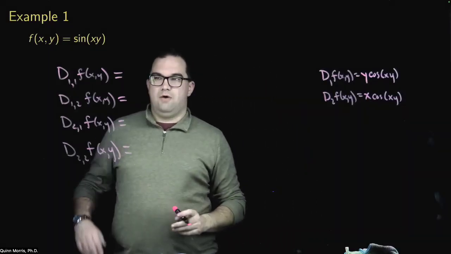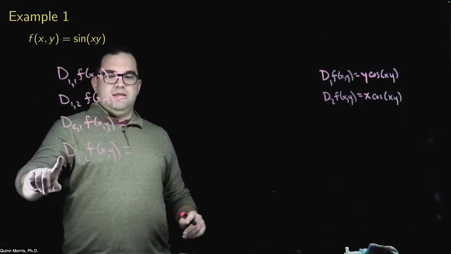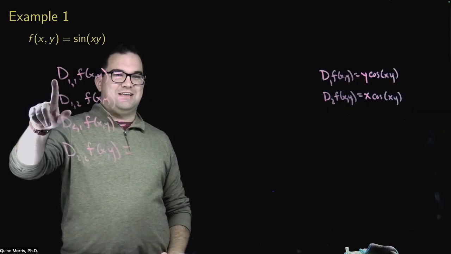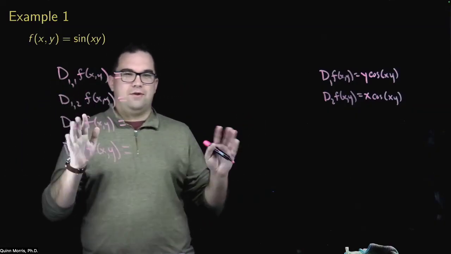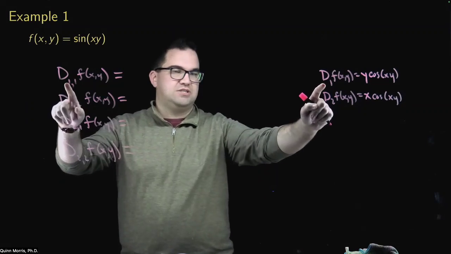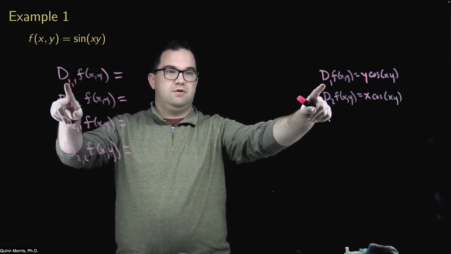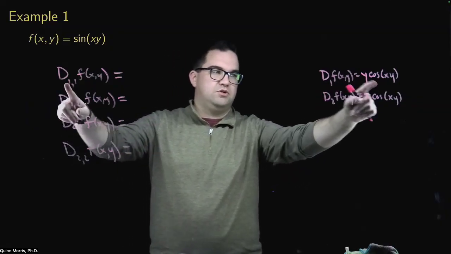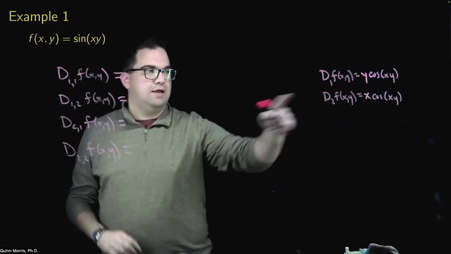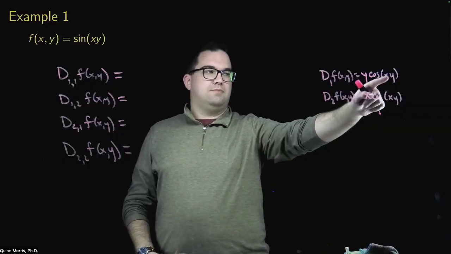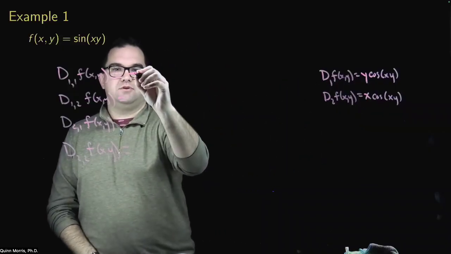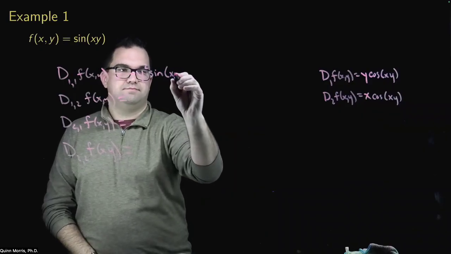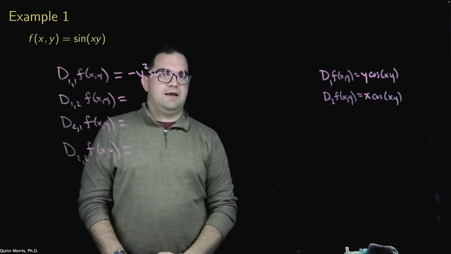All right. Now, d11 and d22 in a lot of ways are the easiest to calculate because we don't have to worry about order. d11 is just take another partial derivative of d1, with respect to x again. So I'm just going to take another partial derivative with respect to x, pretending y is constant, and I get this.